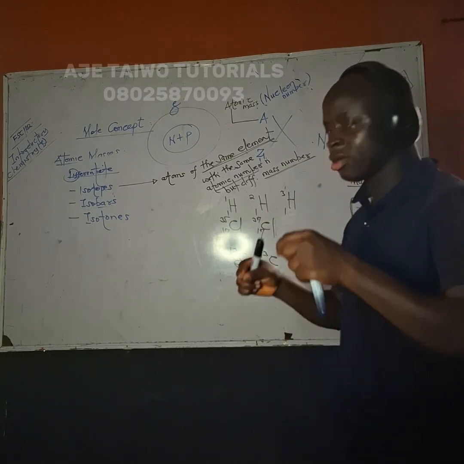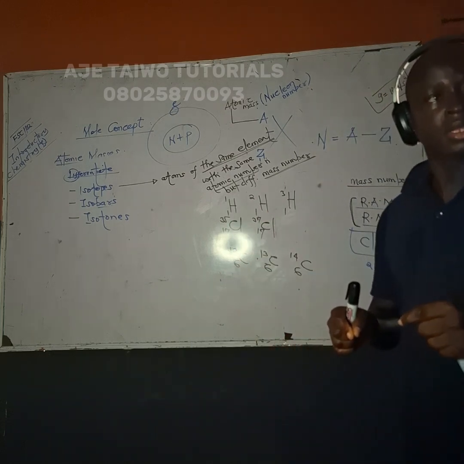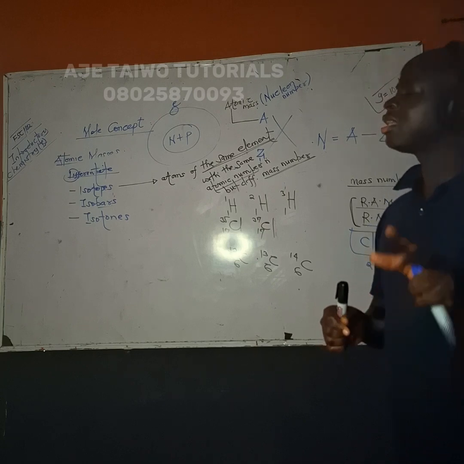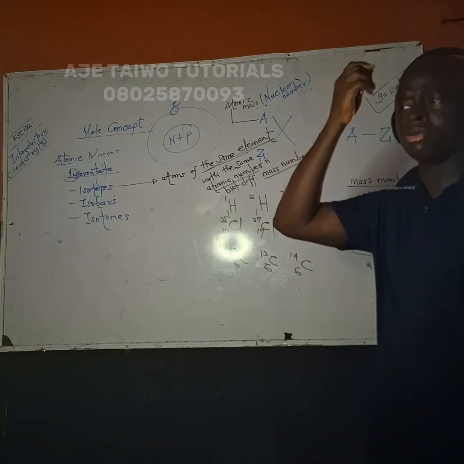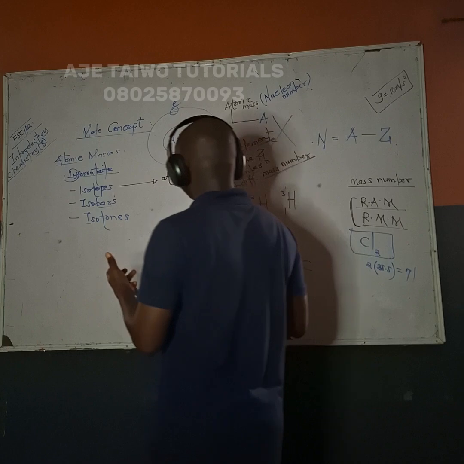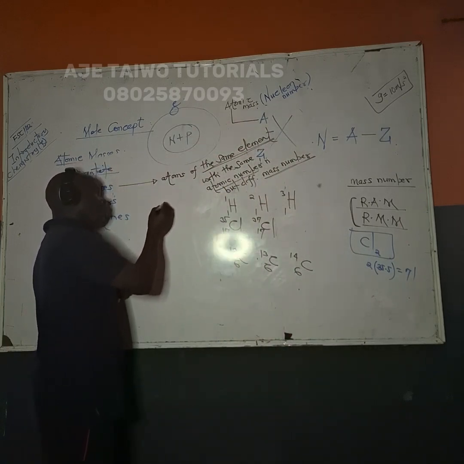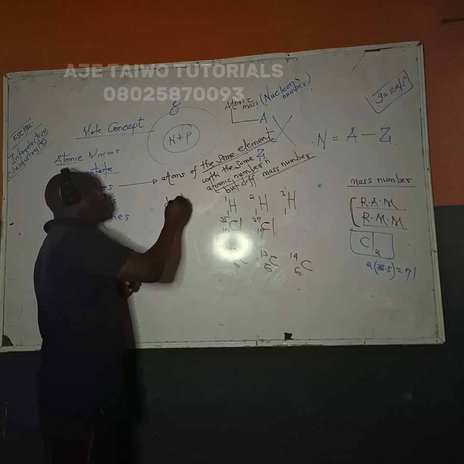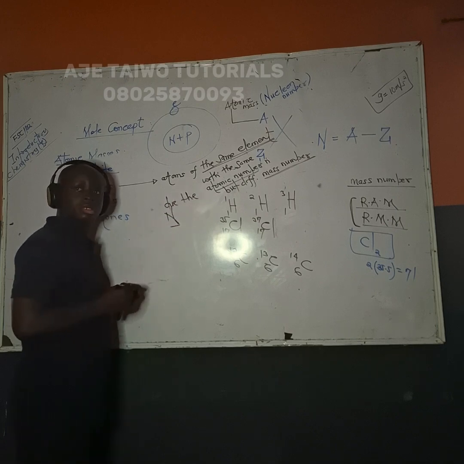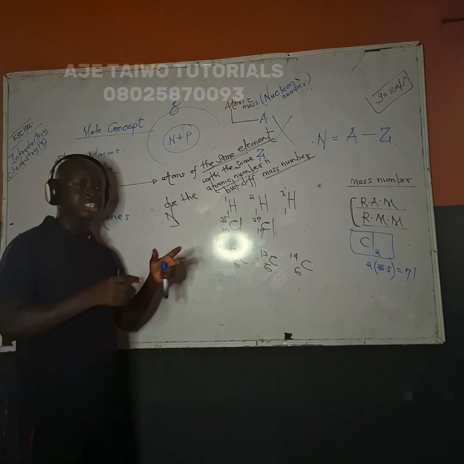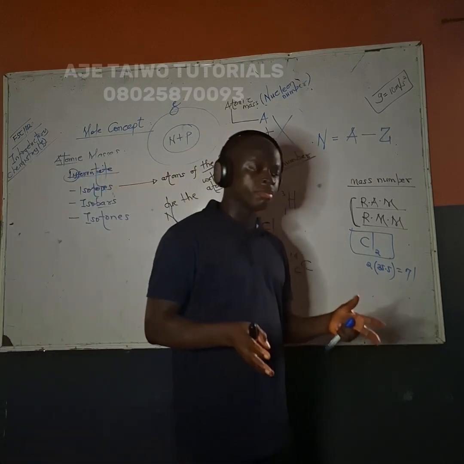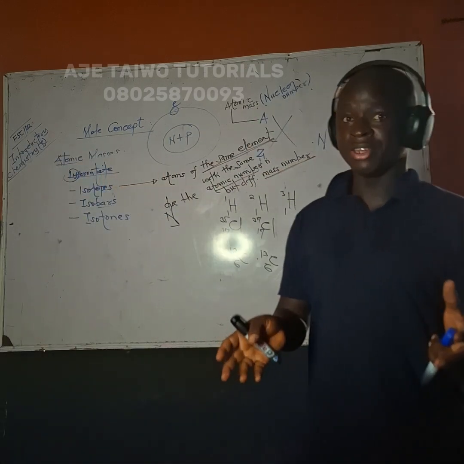What exactly causes it? Isotopes are caused due to the difference in the number of neutrons.